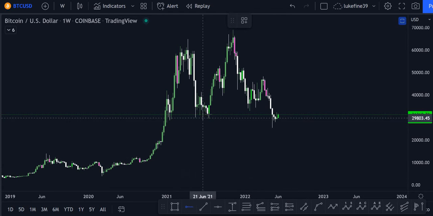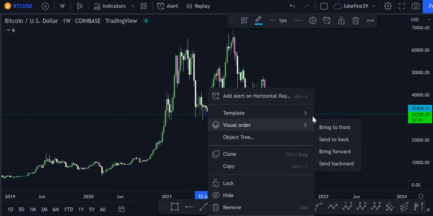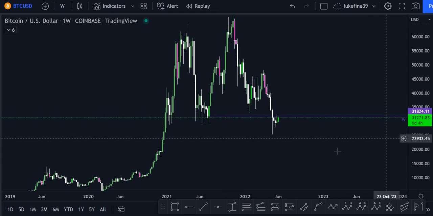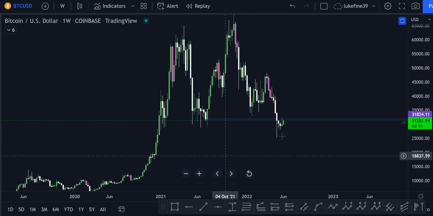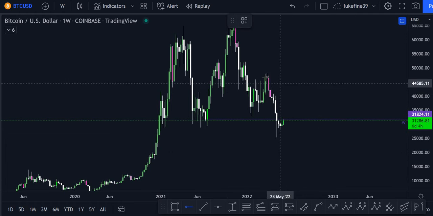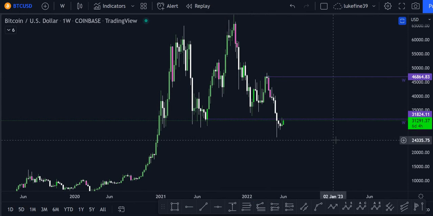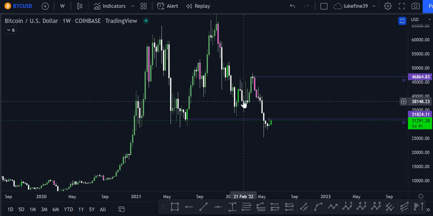I like to have this mapped out as a weekly resistance, and then I will map out this high as a weekly. This area is kind of important. You see here, it was really important, so I will take it.